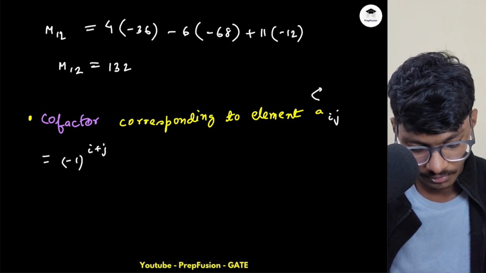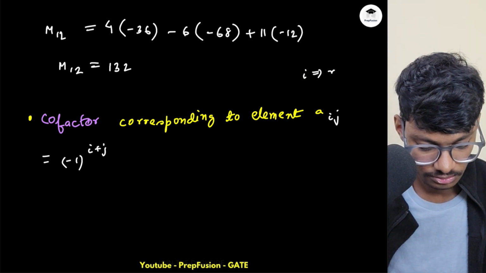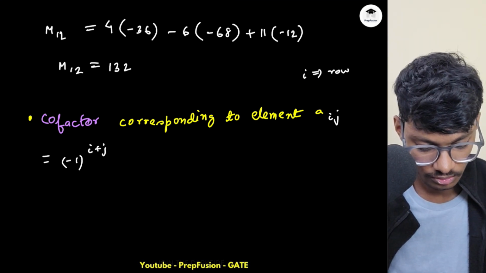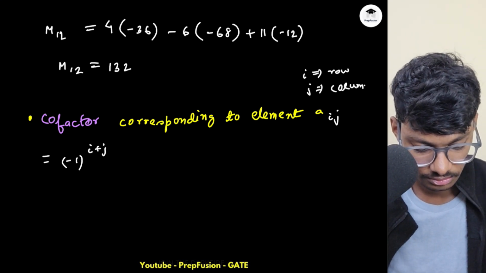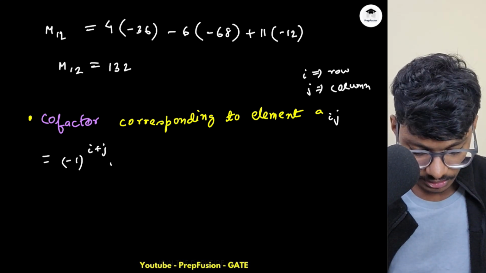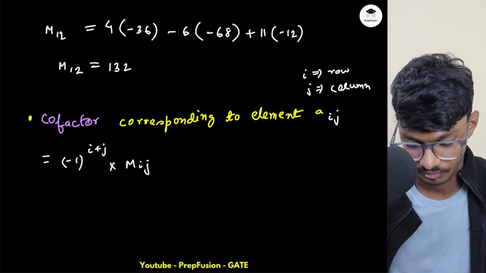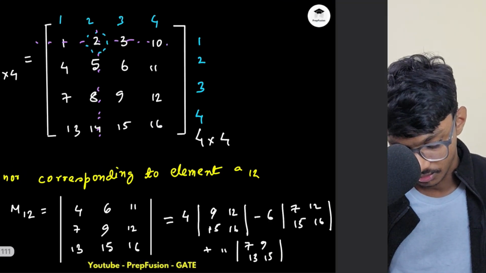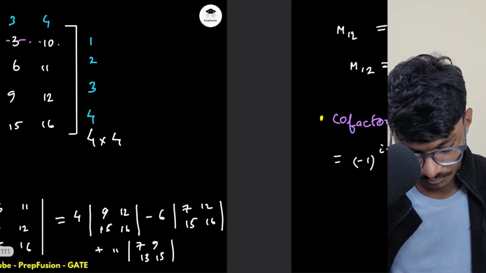Where i is the row and j is the column. You already know this, but still: minus 1 to the power i plus j into M i,j, basically the minor corresponding to the element. So I will not write it in this notation, I'll just directly write this notation.